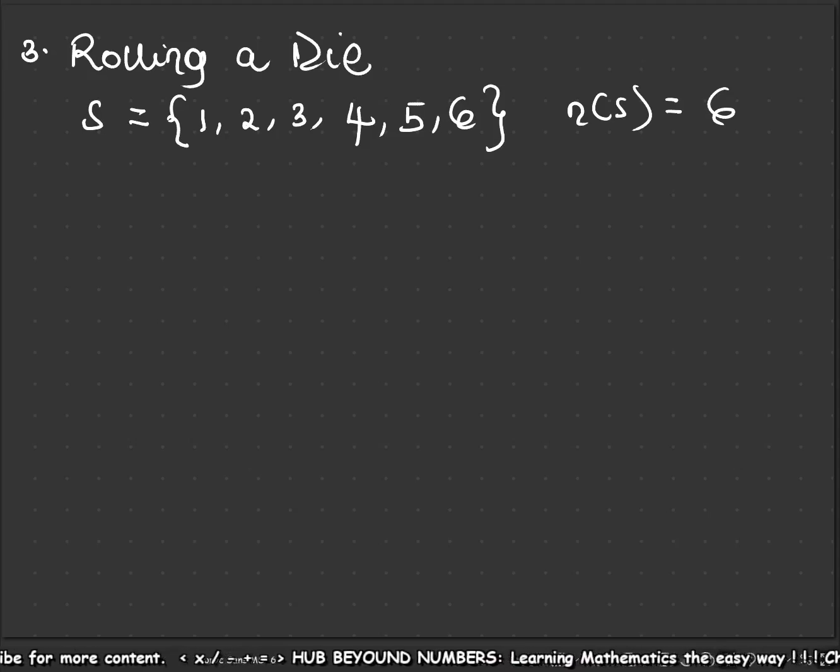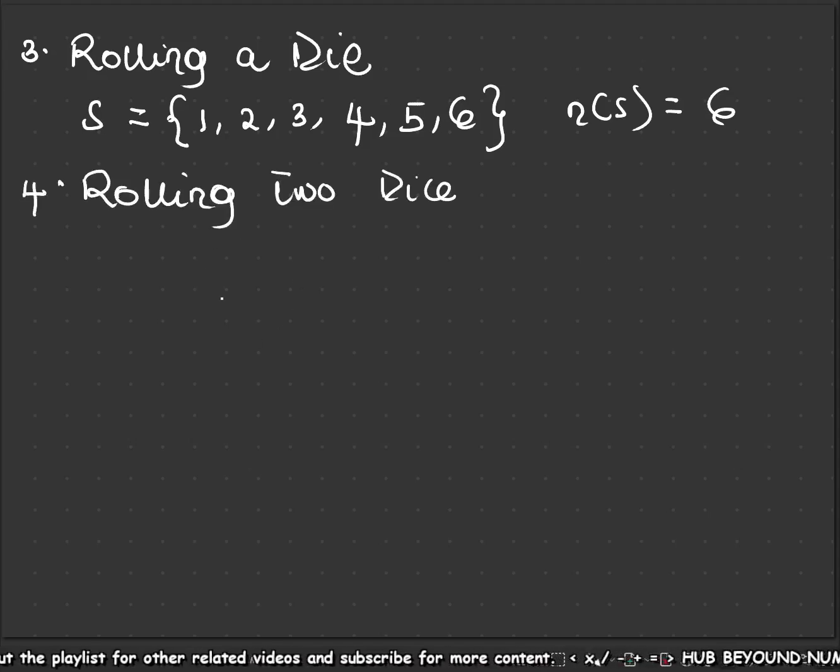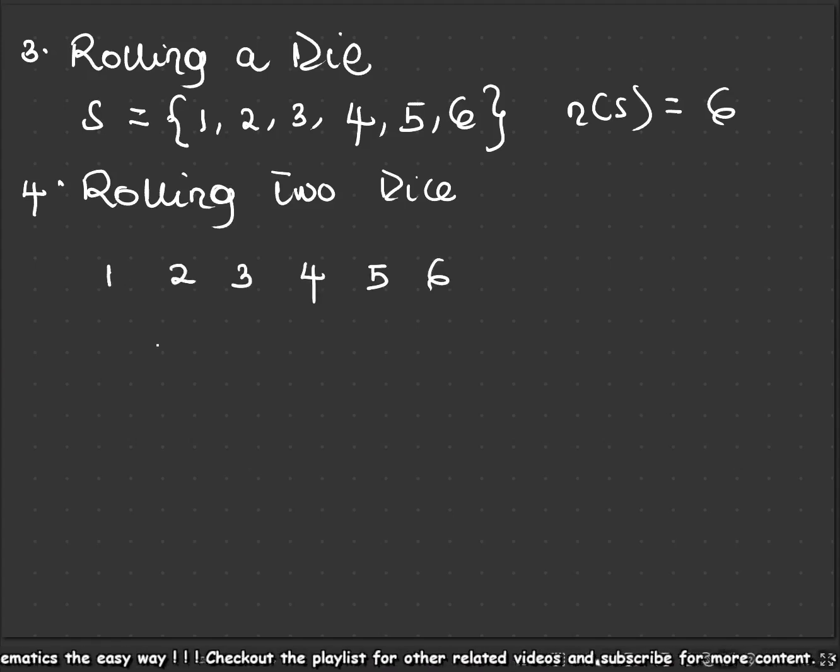What if you want to roll 2 dice? Now, when you want to roll 2 dice, just as we did for flipping 2 coins, it is the same thing over here. You start by saying our first die can give us a 1, a 2, all up to 6.